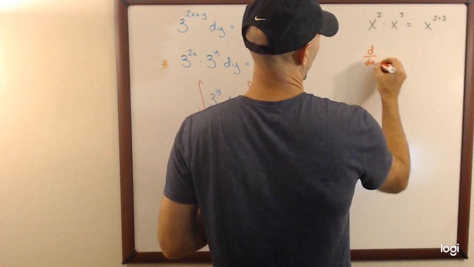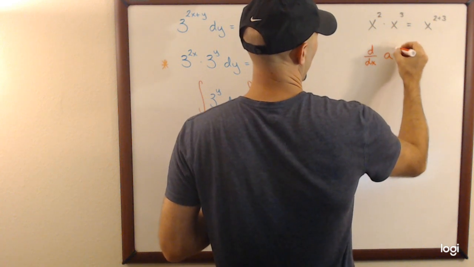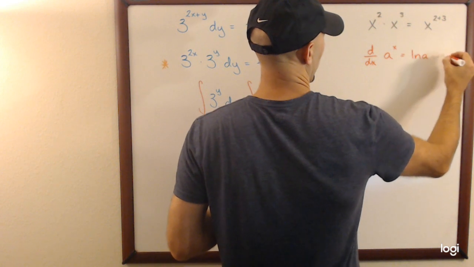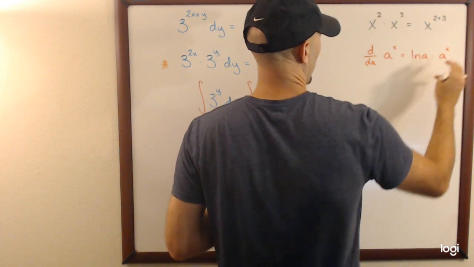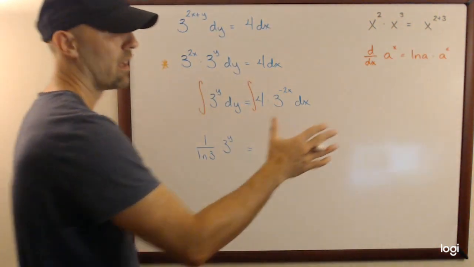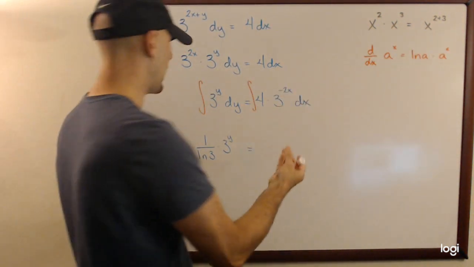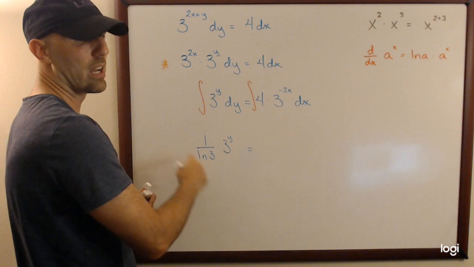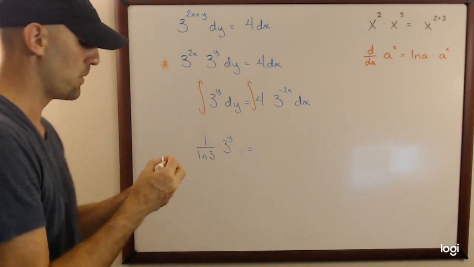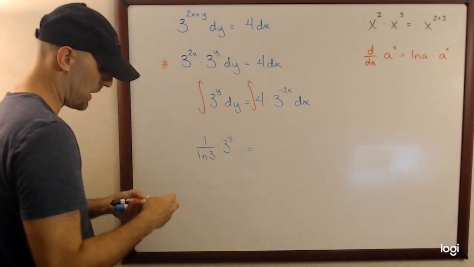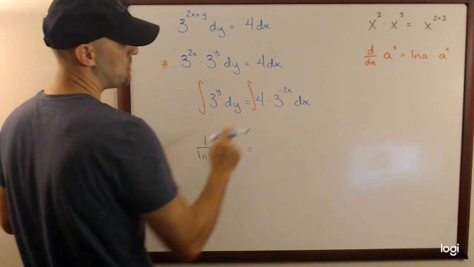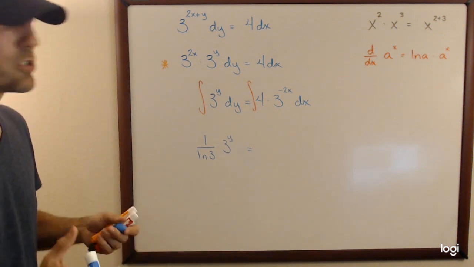That the derivative of a to the x power is the natural log of a times a to the x power. So remember, the natural log of a, that's just a constant, right? So again, if I'm integrating, this is my adjustment constant. So again, if I take a derivative here, the natural log of 3's would cancel, which is what I'm looking for. Same principle here.